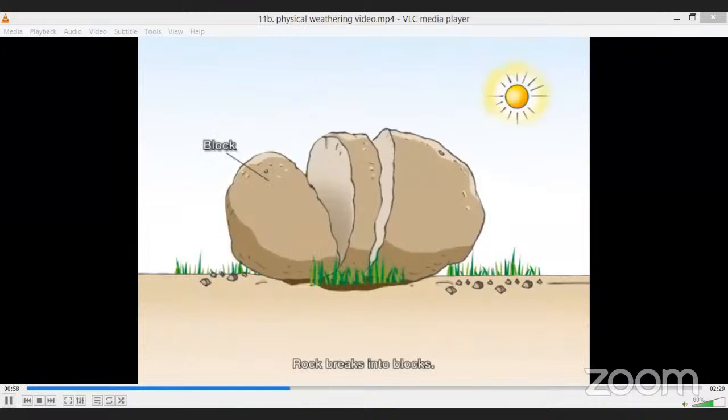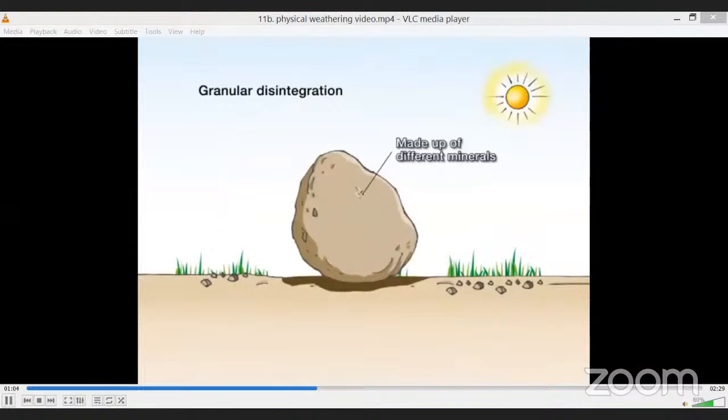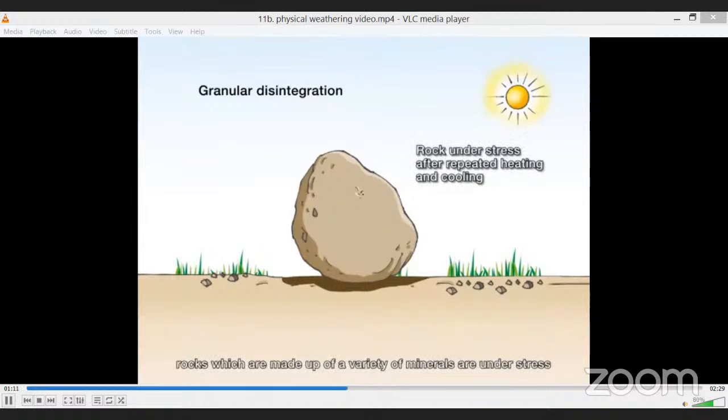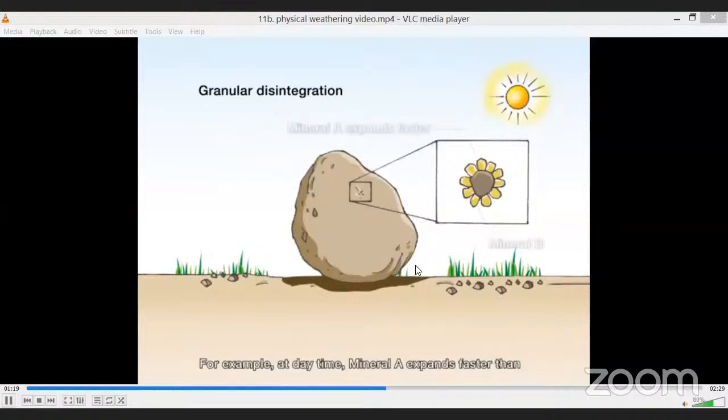Rock breaks into blocks. Granular disintegration occurs on rocks with different minerals. Since different minerals expand and contract at different rates, rocks which are made up of a variety of minerals are under stress during alternate heating and cooling. For example, at daytime, mineral A expands faster than the adjacent mineral B and pushes them apart.